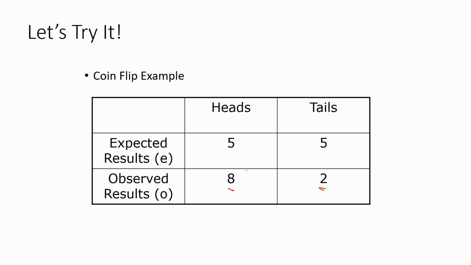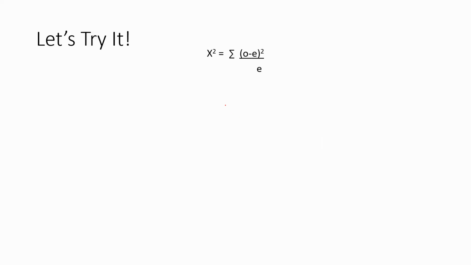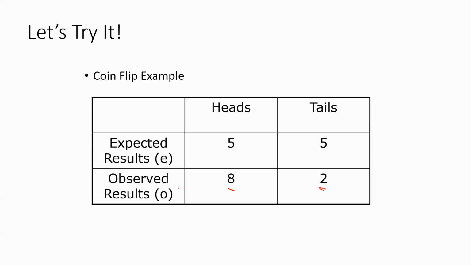So what we do is we plug these into our equation. So this is our equation, remember? So we have observed minus expected, squared. You have observed, which is 8, minus expected, which is 5. Remember, 8 minus 5 right here. Then you have 2 minus 5 here, right?